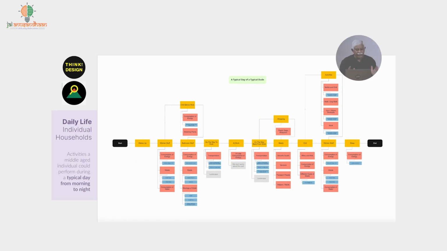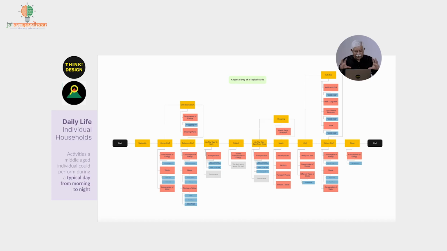They looked at the daily life of an individual right from morning till evening, and you can see there are a lot of activities in the morning within the household, and again lots of activities in the evening within the household. You can see red ones are the concerns with respect to sustainability. The blue ones talk about the modes, for example, conservation of electricity or the use of transport.